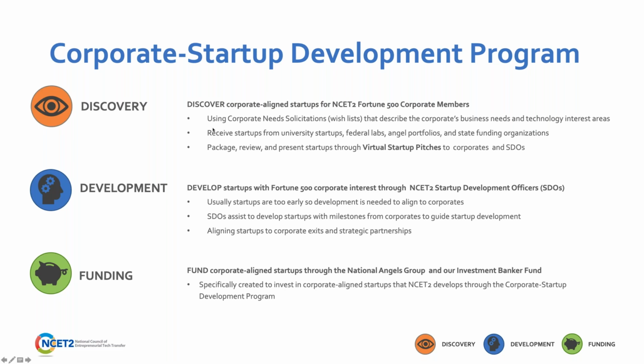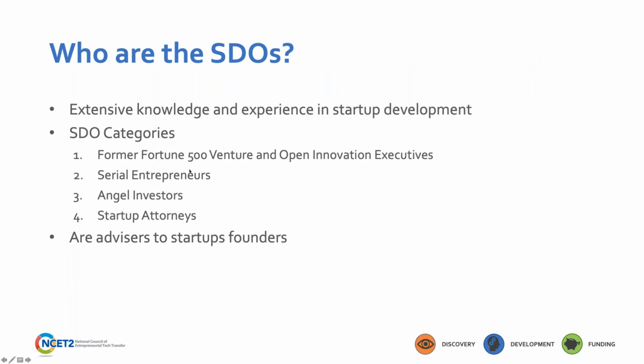So, as I said, just to wrap up this slide, the SDOs play a really big role in the Corporate Startup Development Program, because this is where they come in as advisors to move the companies forward. So, with that as a background, we'd like to get into what the SDOs are about, who they are and what they're expected to do or what they can contribute when it comes to the startup development piece.